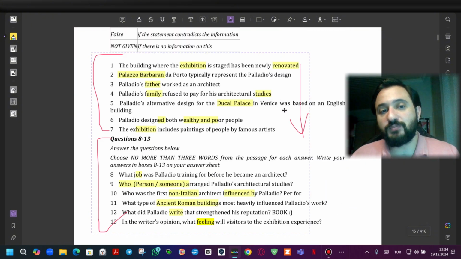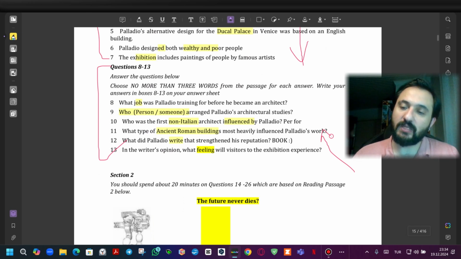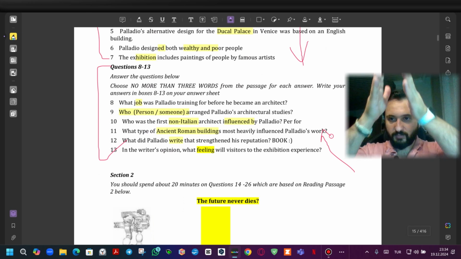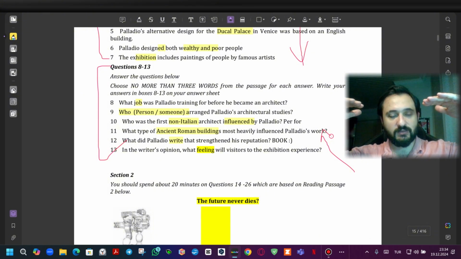But this is absolutely true for only one section. Another section, it is true as well, but they are going separately. For example, the article goes like this: the first group and the second group. For example, this is question 1 to 7, this is question 8 to 13.